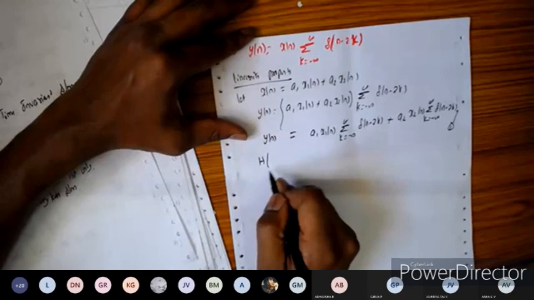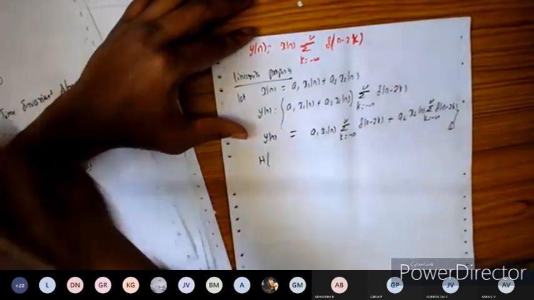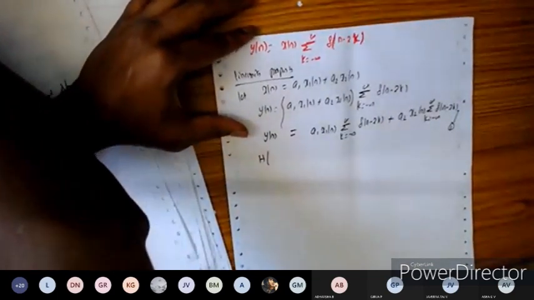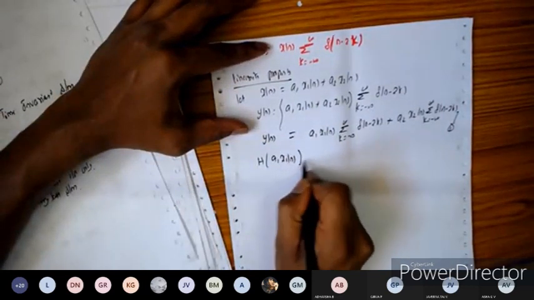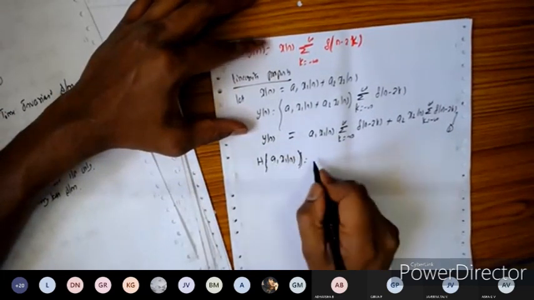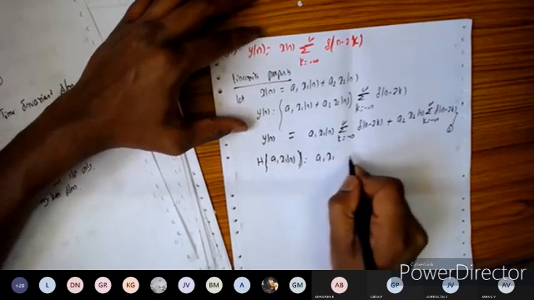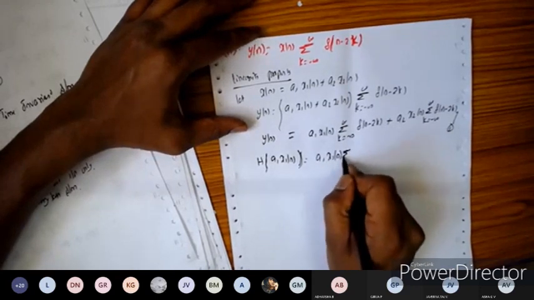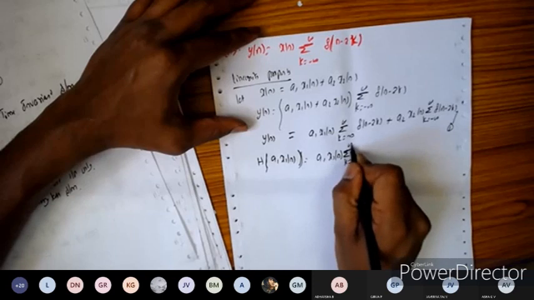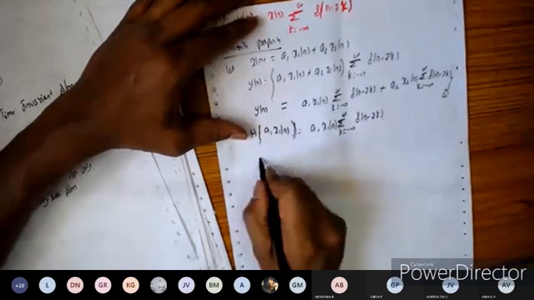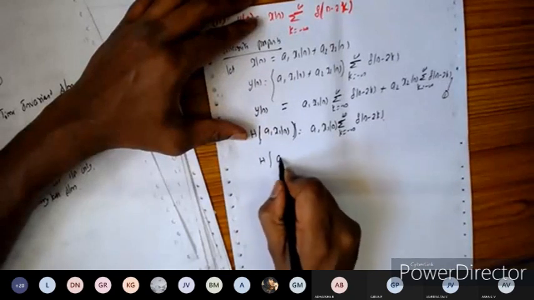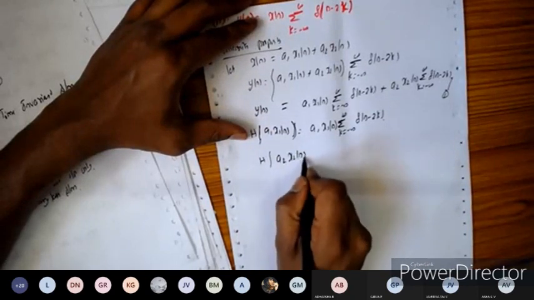So h of a1 into x1 of n. If you give that as the input, it becomes a1 into x1 of n multiplied by summation k equal to minus infinity to plus infinity delta of n minus 2k. Similarly give h of a2 into x2 of n.